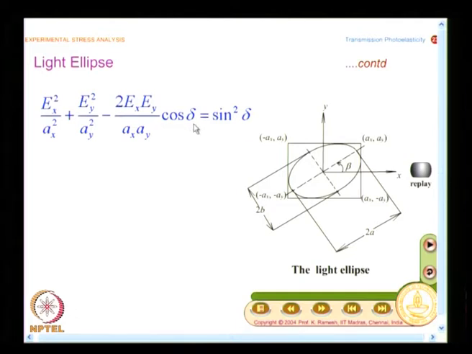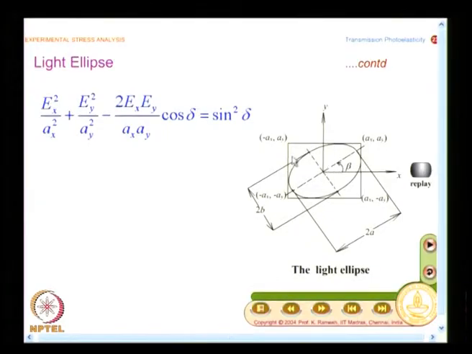Suppose delta becomes pi by 2, what happens to this expression? This becomes 1 and this term goes to 0, and this is your famous equation of an ellipse. You have x squared by a squared plus y squared by b squared equal to 1. That you all know, that is the equation of an ellipse.